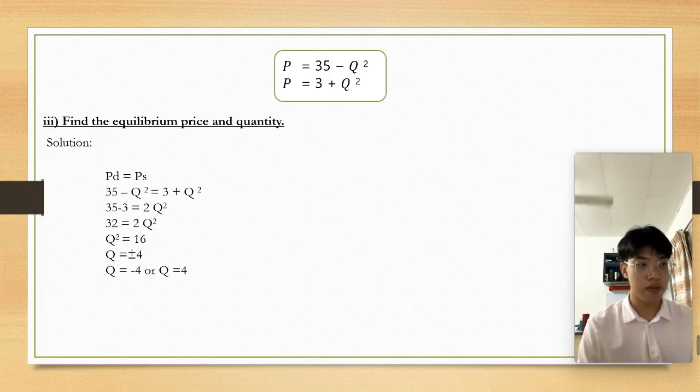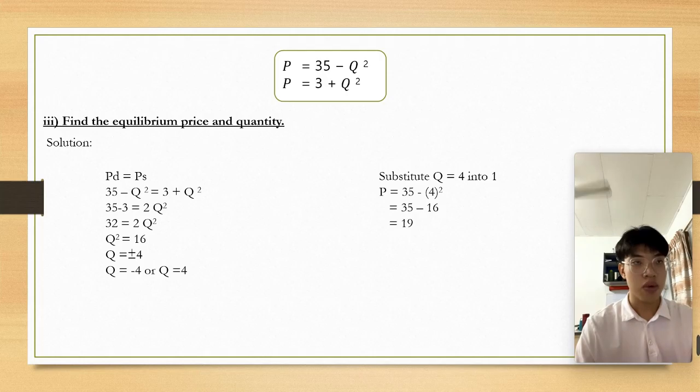After we get the quantity, we substitute the quantity into the demand function. Let's say we use P equals 35 minus 4 squared. After that, 4 squared becomes 16, and then we use 35 minus 16, then we get 19.